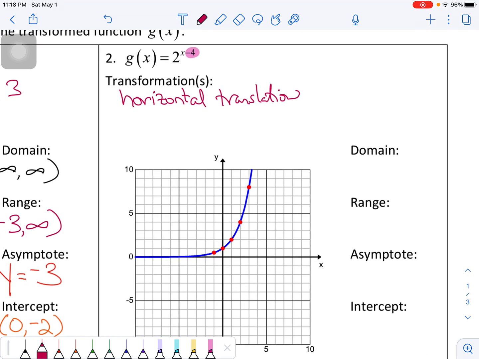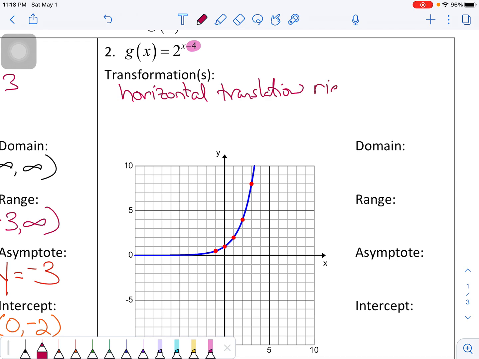So this is a horizontal translation, right 4. All of these points in red are going to stay on the same y value, but we're going to slide them all 4 places to the right. 1, 2, 3, 4.